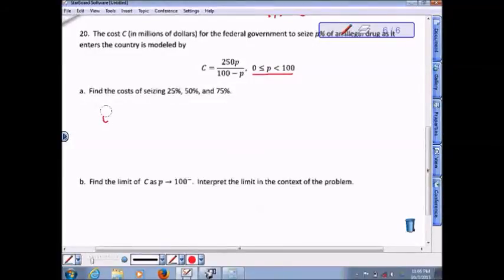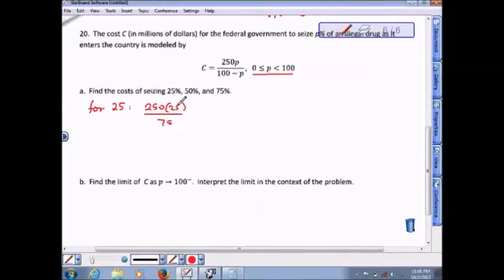So for 25%, if these federal agents want to seize 25%, then according to this model, it's 250 times 25 all over 100 minus 25, which is 75.